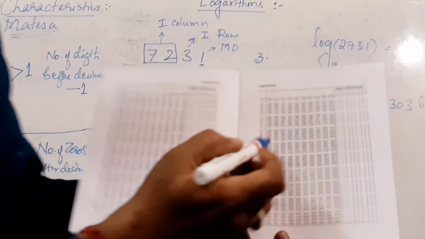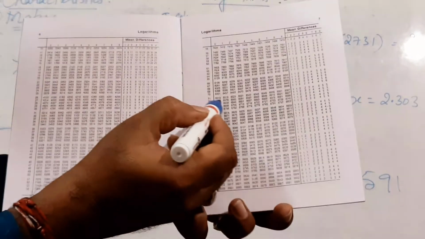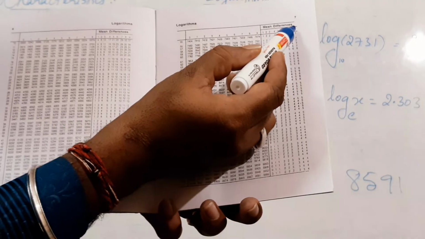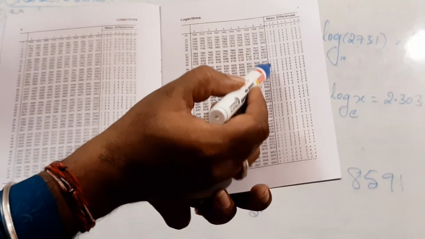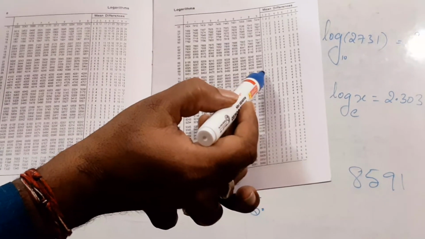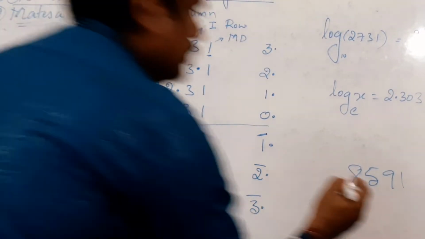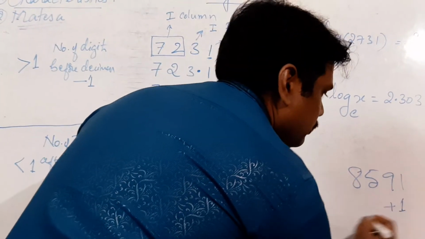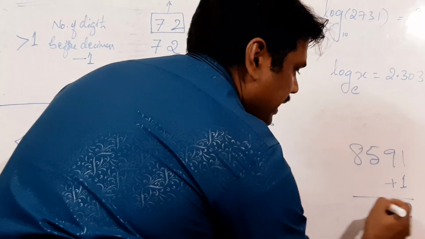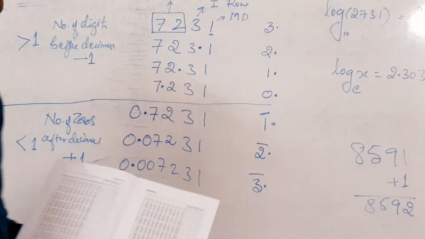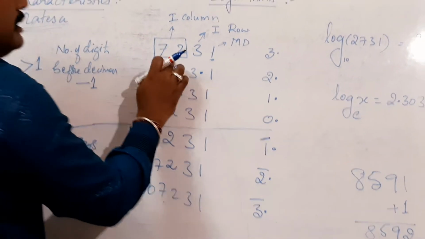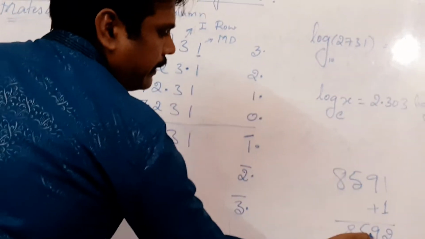In the same 72 row, come to the mean difference columns 1, 2, 3, 4, 5, 6 up to 9. The corresponding 1 is the mean difference value here, so that 1 has to be added to this number. 8591 plus 1 becomes 8592. So the mantissa for this number is 8592.